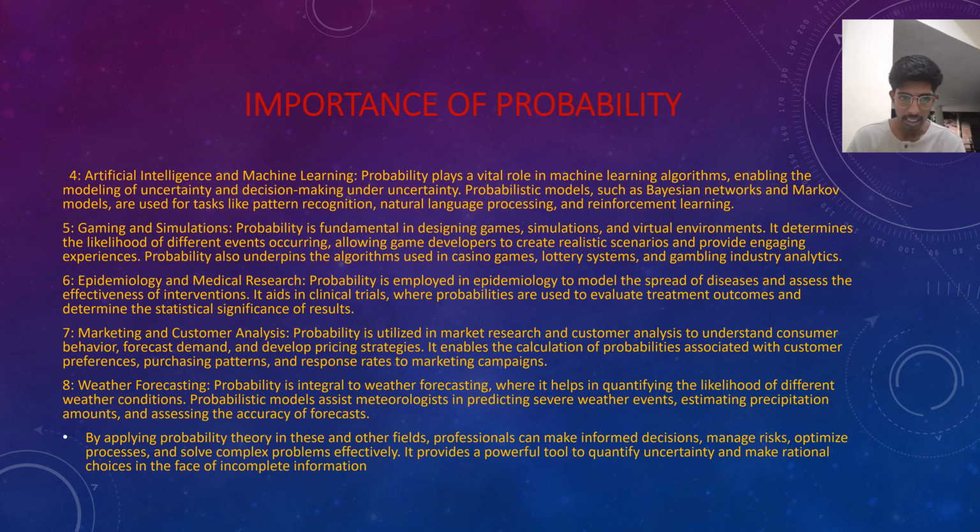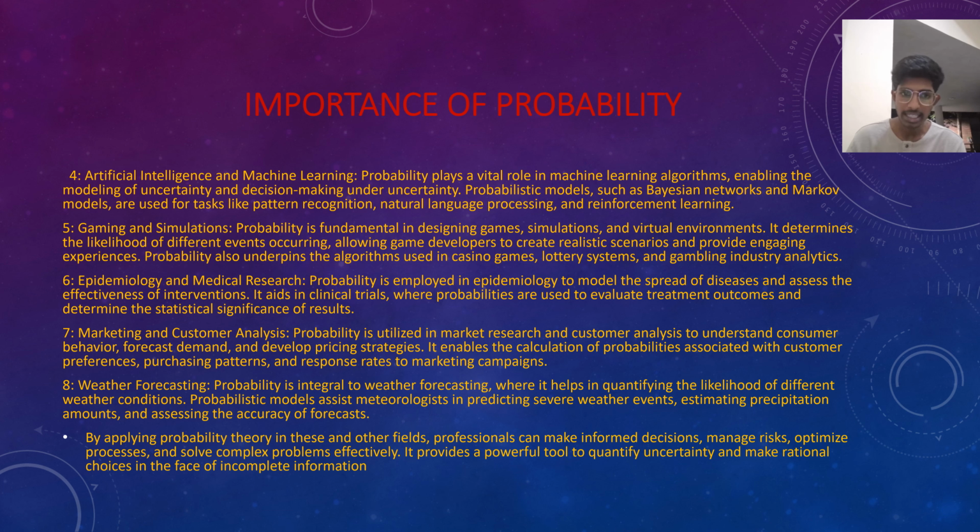Sixth, epidemiology and medical research. Probability is employed in epidemiology to model the spread of diseases and assess the effectiveness of interventions. It aids in clinical trials where probabilities are used to evaluate treatment outcomes and determine the statistical significance of results.